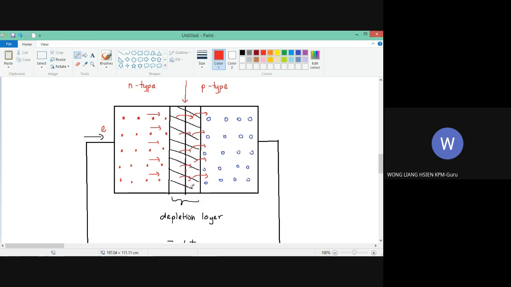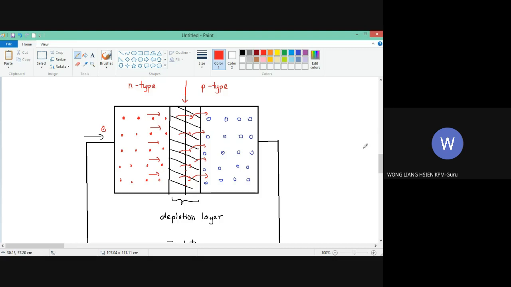You see that? So there will be more charge carrier inside here. So the depletion layer will become narrow.